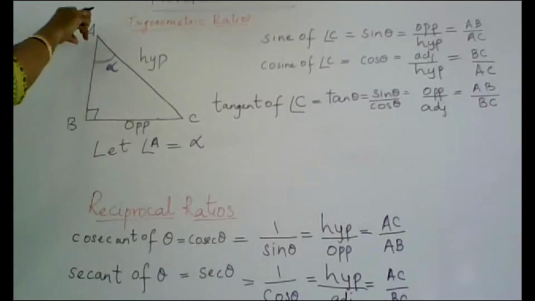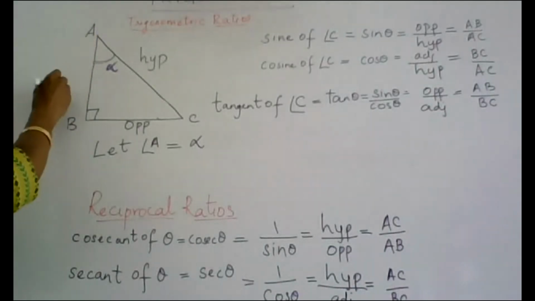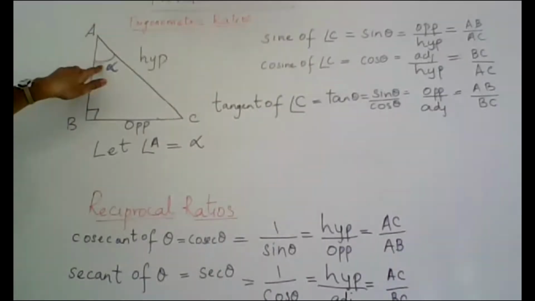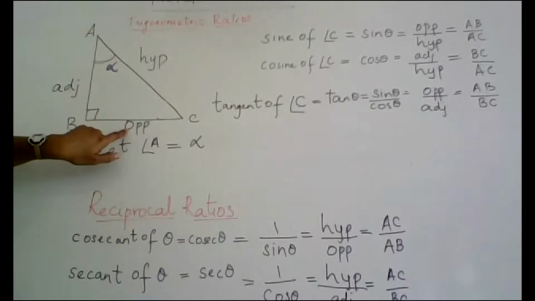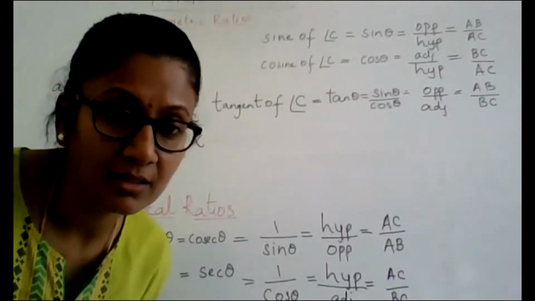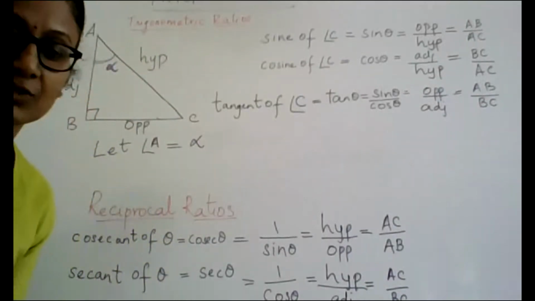And which is the side attached to angle A? It is AB, so this will become your adjacent side. So with respect to angle A or alpha, BC is the opposite side and AB is the adjacent side. Is this clear?